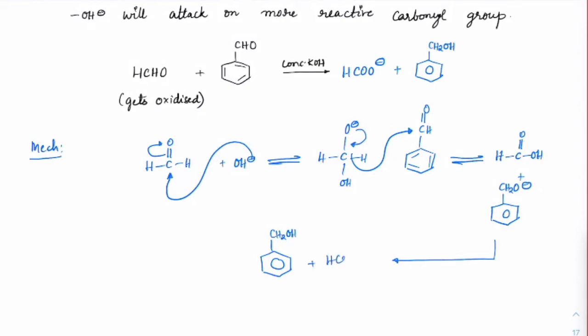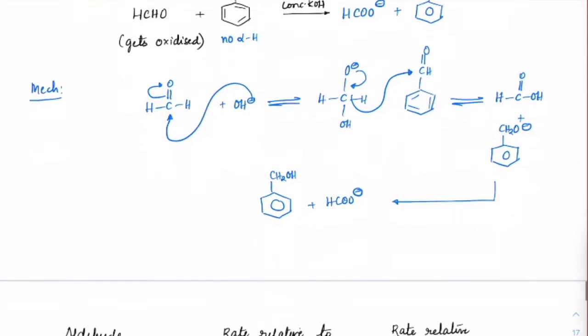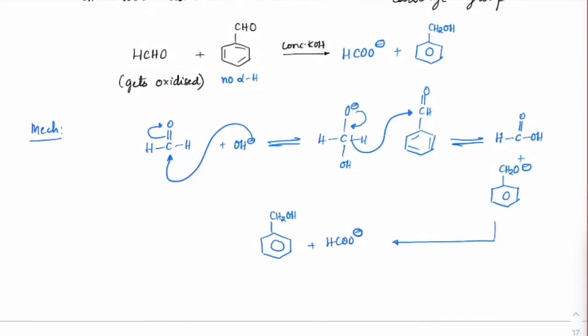plus HCO minus. Okay. Now one question that comes to our mind, sir, because this is also a no alpha aldehyde. This also has no alpha hydrogen. So can we not have the product for this also? So internally can it not give the same product, and at the same time can this not give the same product?